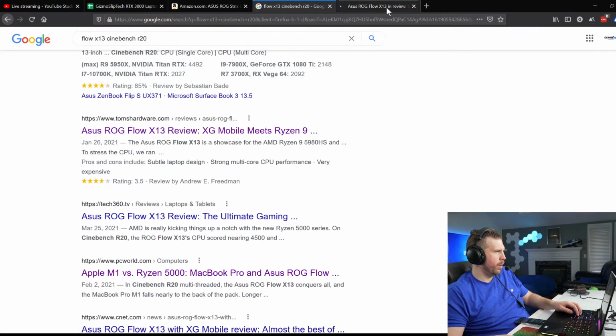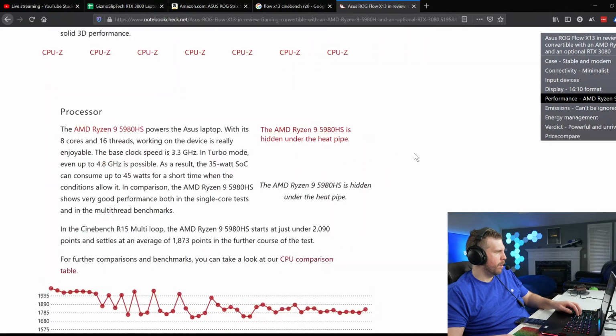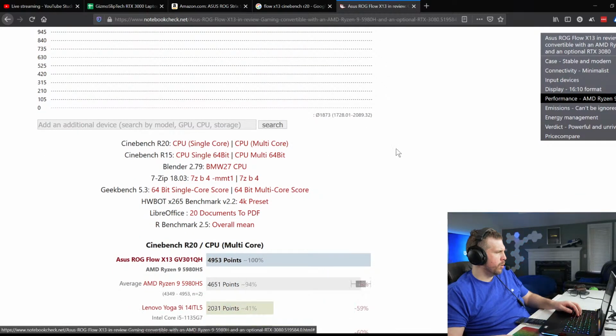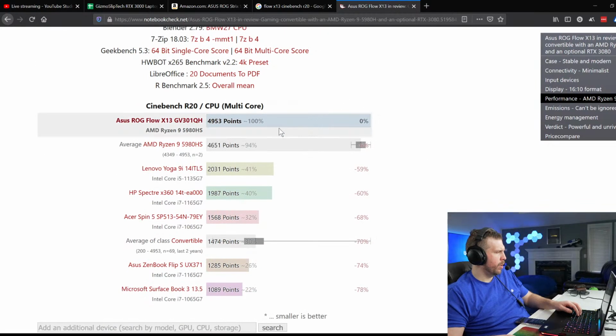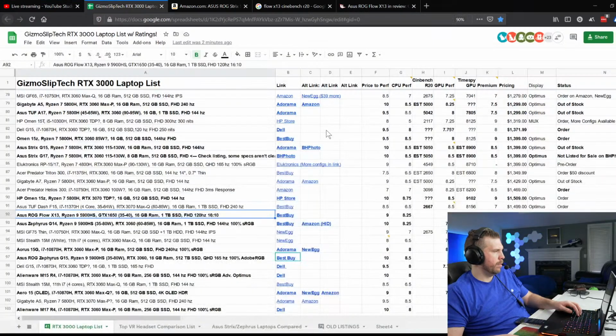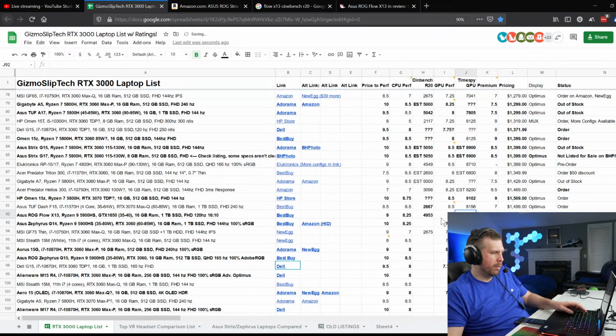Cool. This one's been reviewed a lot. Cinebench R20 multi-score. Wow, 4953. That is crazy good. For something that weighs like 3 pounds.